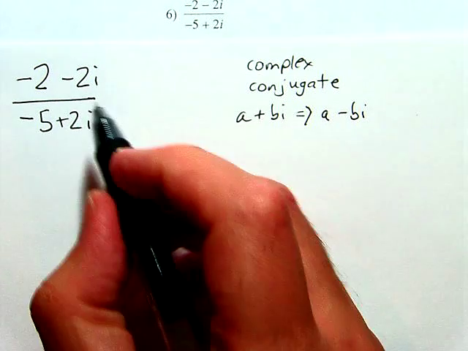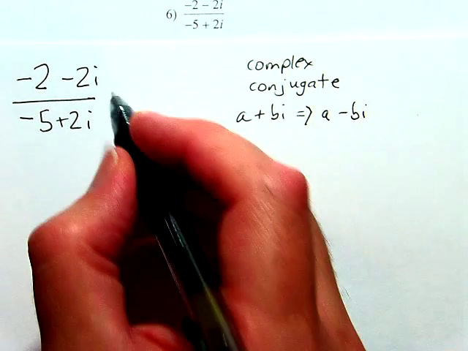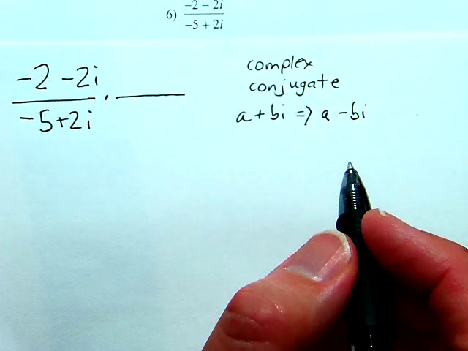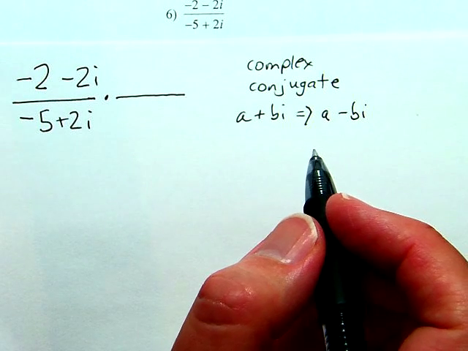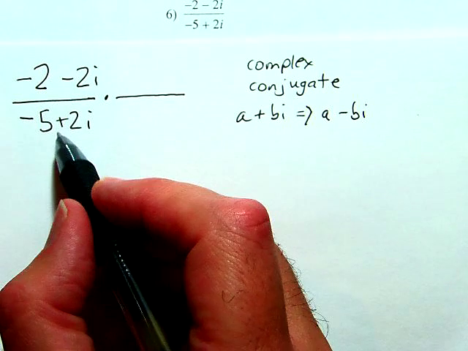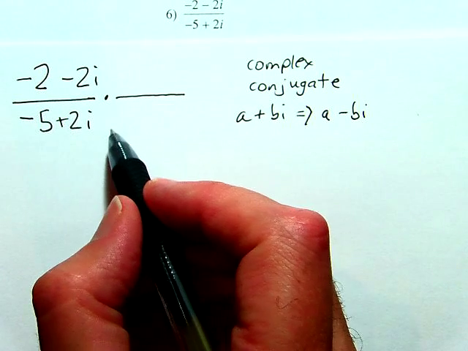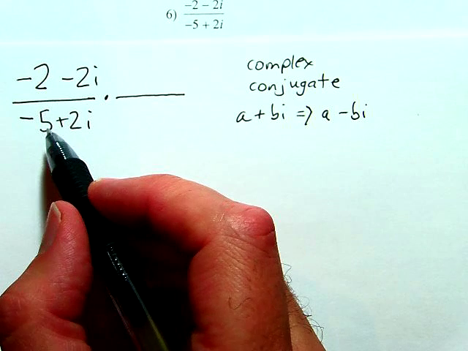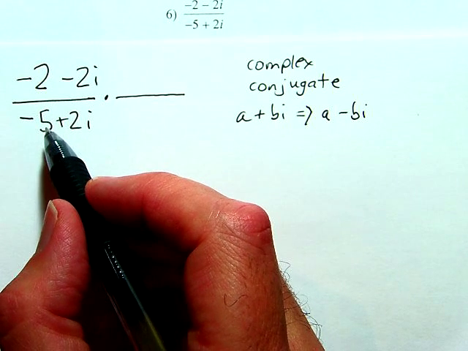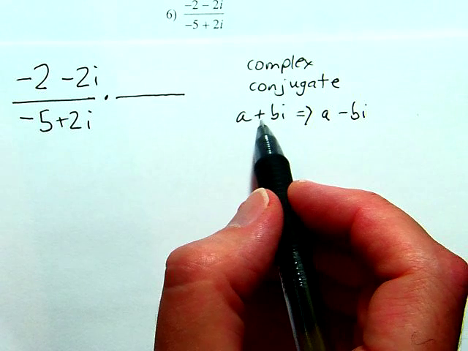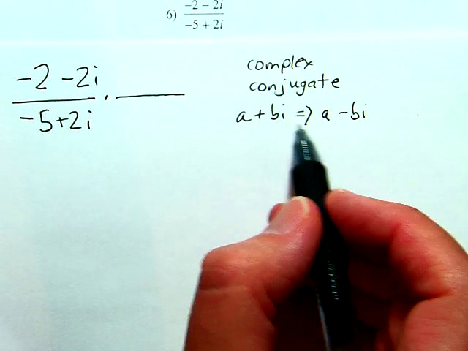The technique for solving this problem is to multiply both the numerator and the denominator, of course, by the same number. That way we're not changing the value. And we choose the number so that it is the complex conjugate of the denominator. That always removes the i component from the denominator. So the complex conjugate of this denominator occurs when we change the sign in front of the imaginary component.